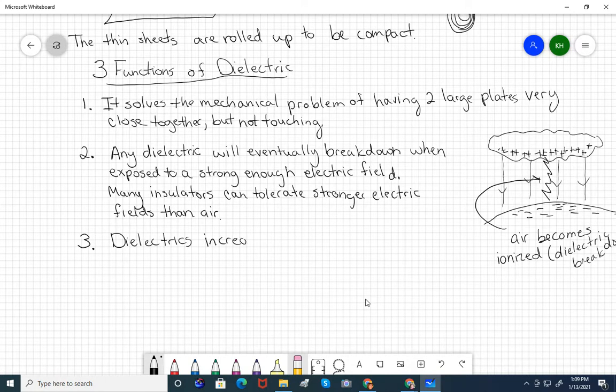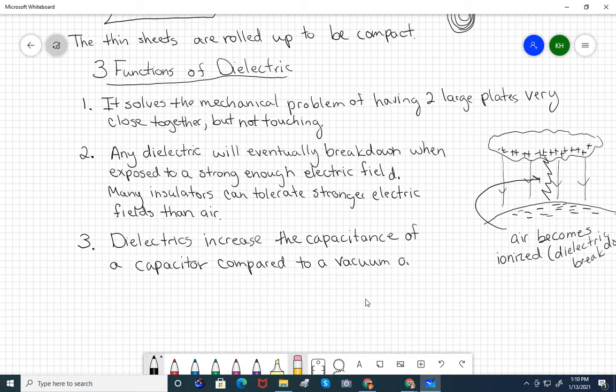The third thing that dielectrics do is increase the capacitance of a capacitor compared to a vacuum or air.